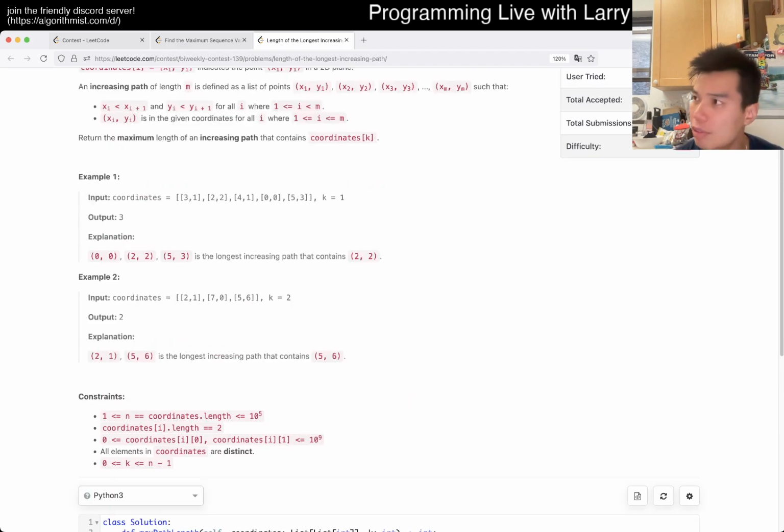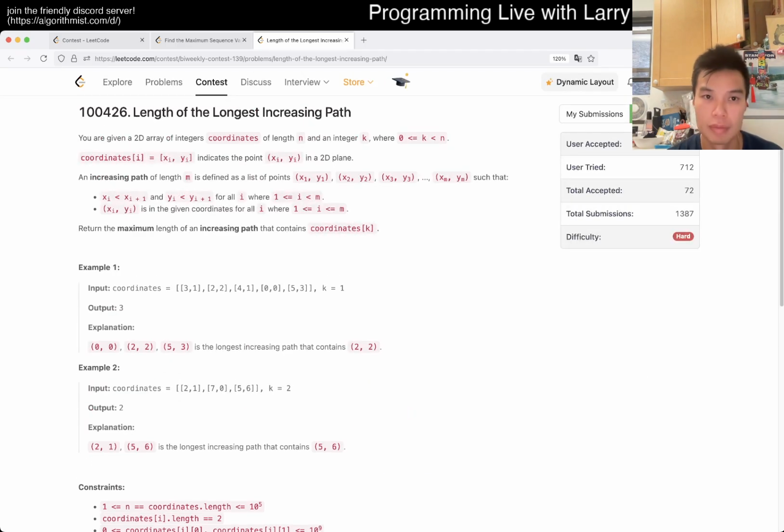I forget how to do the thing there. I've done this problem before though.